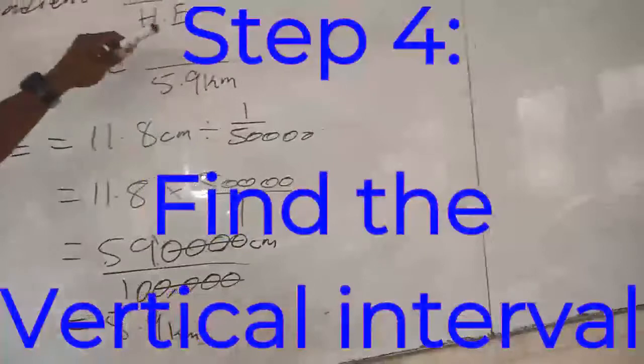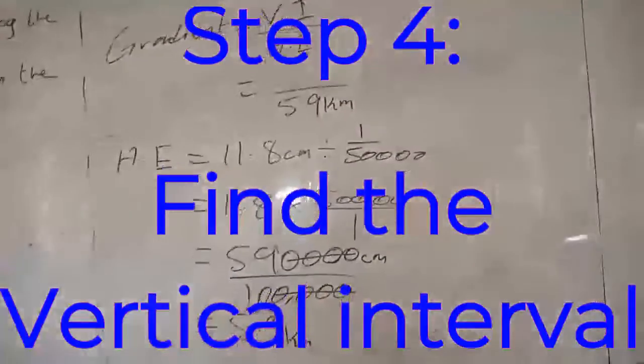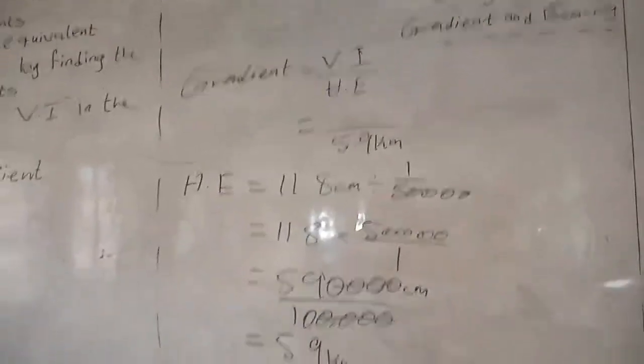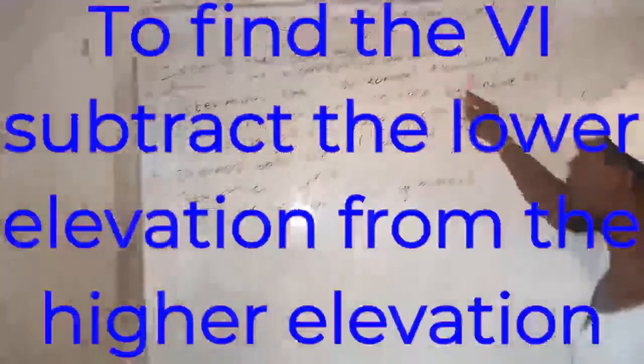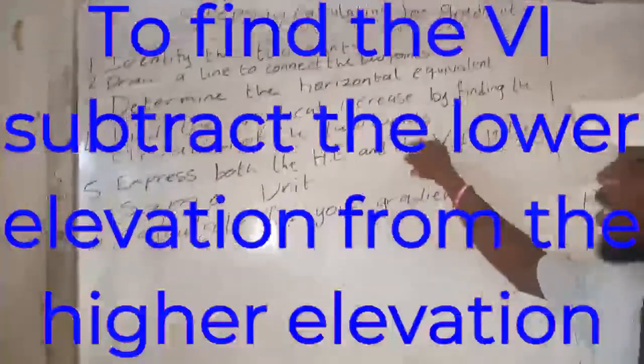Now to find our vertical interval, let's go back to our map. On the map, to find the vertical interval, you have to find the elevation of the two points.